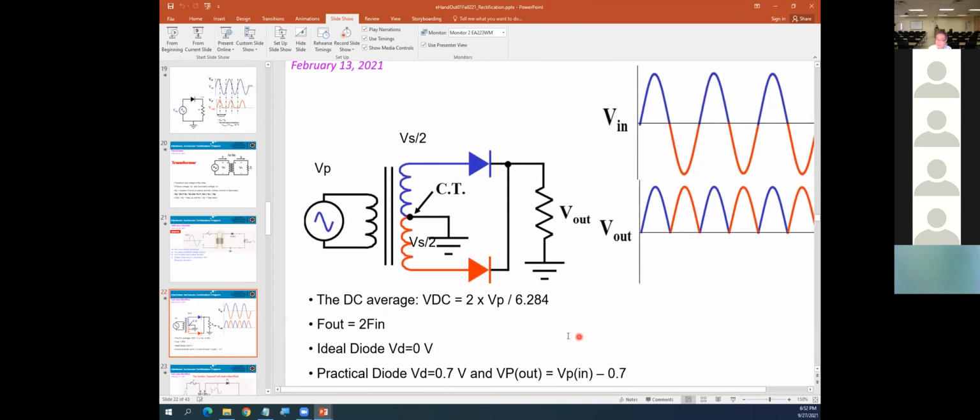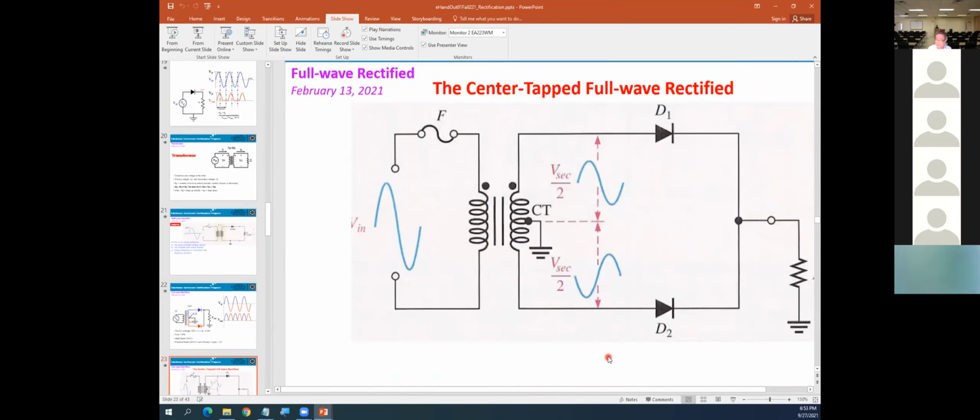And also remember ID of M equals 0. Right now they draw from 0. If second approximation, they will be going down here, not right here. The thing is you still get 0.7 volt. Practical diode, VD 0.7. And VP out will be equal to VP in minus 0.7.